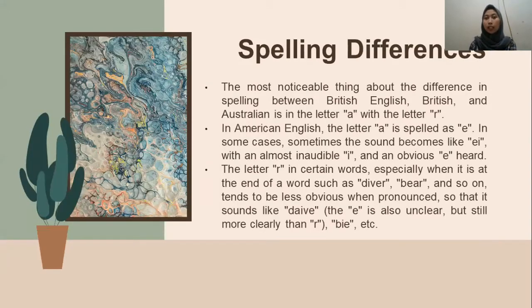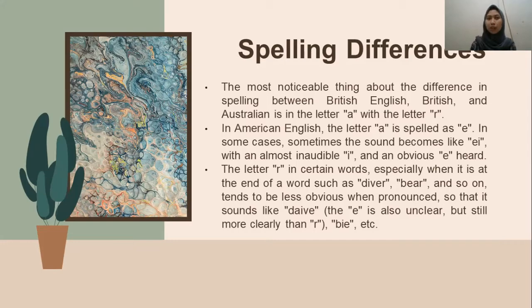So when it comes to pronunciations, vocabulary words and spelling, always think about where you will use your English skills. As long as others can understand you and you can understand them, you won't have any problems.